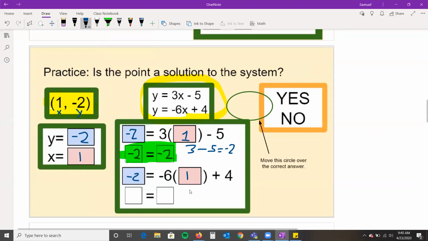Negative 6 times 1 is negative 6 plus 4. So you're at negative 6 and you go 4 towards 0. So you're at negative 2. Okay, I can already tell this is going to be negative 2 equals negative 2, right? So this one worked as well.